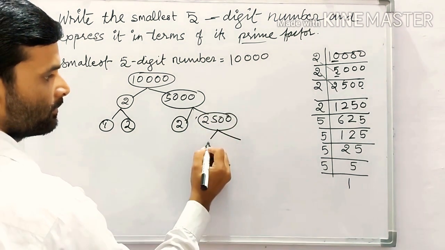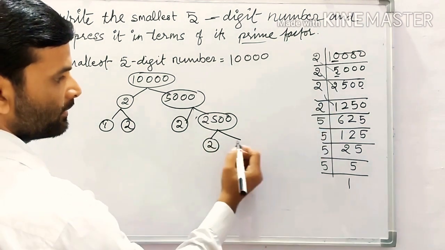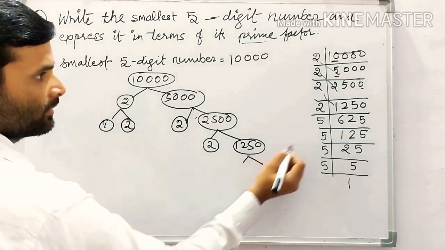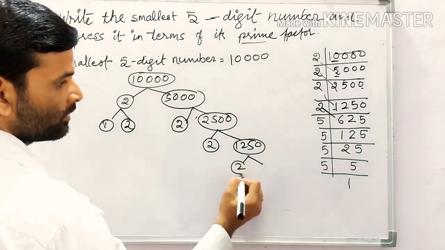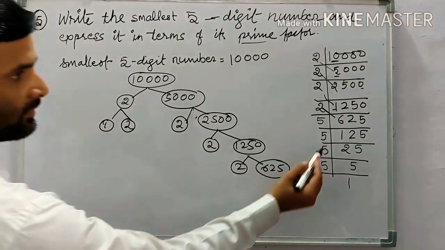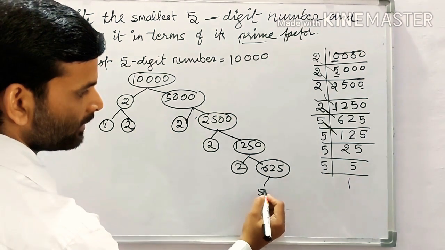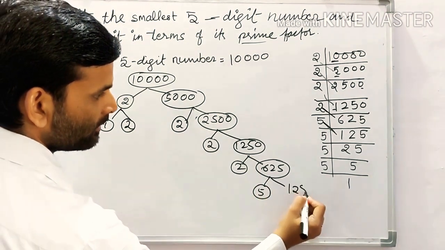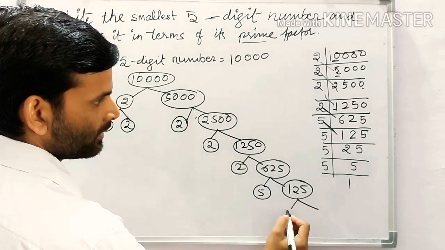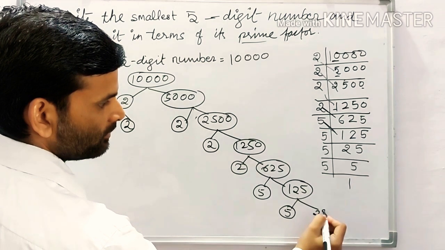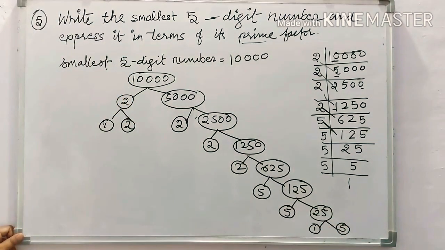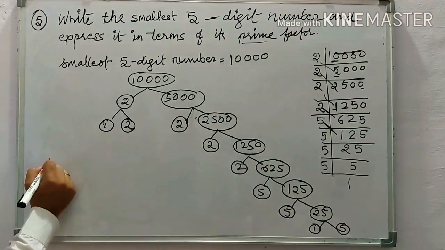Again 2 and 1250. Okay, again if the number is divisible by 2, then 625. Okay. Now next will be 5: 125. Okay. Again 5 and 25.